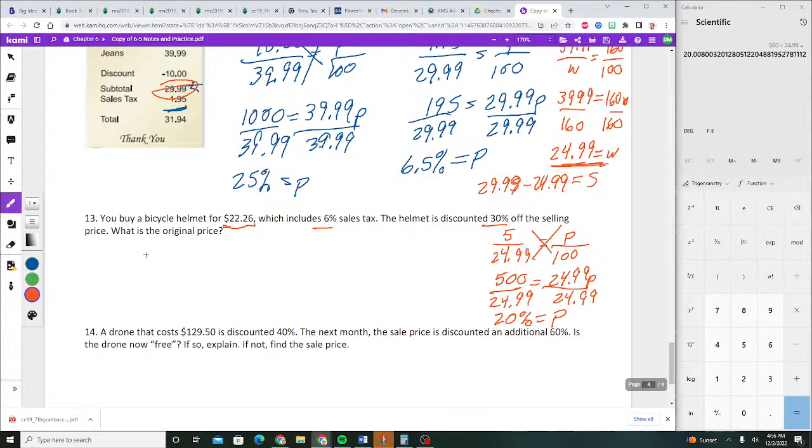We know that because of sales tax, $22.26 is 106% of, I guess, the sales price.